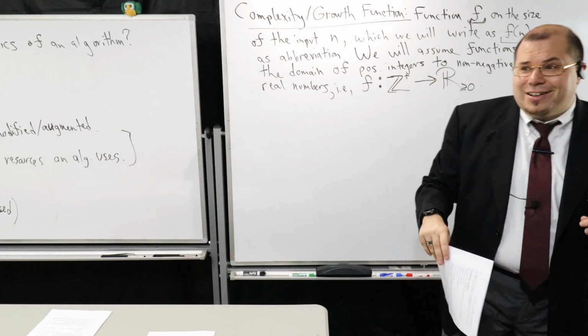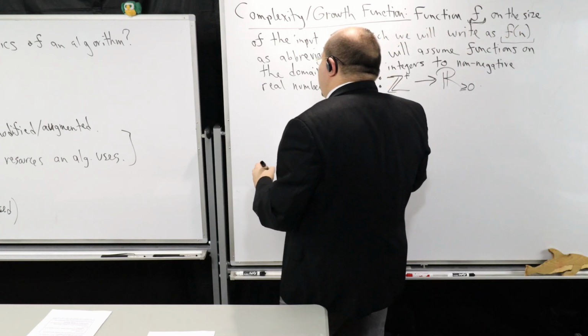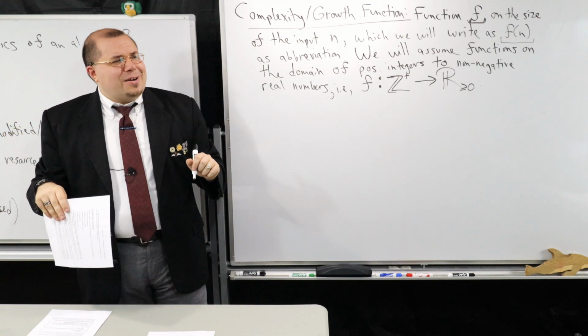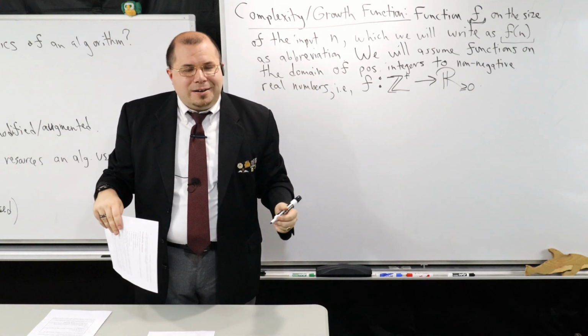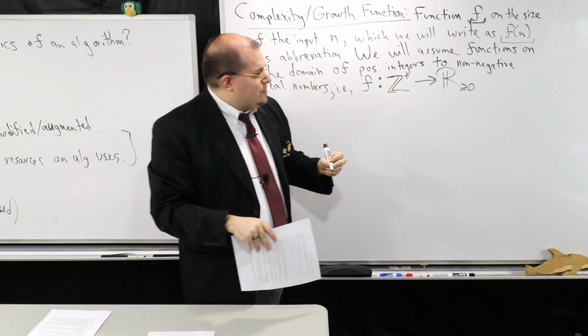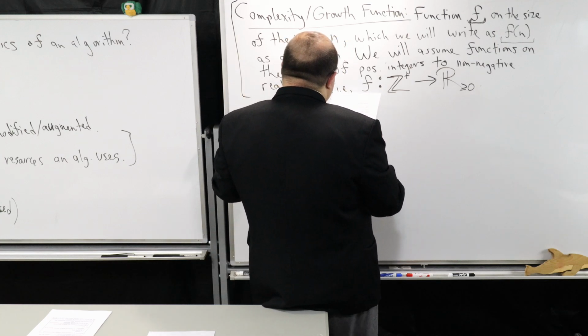Kind of a wacky idea if you think about it, but it's interesting, right? But I'm just going to assume that we're never going to have an empty program. Is that good with everybody? But this notation will allow me to talk about things like log n and allow log to be 0. So that's what a complexity function is for us.